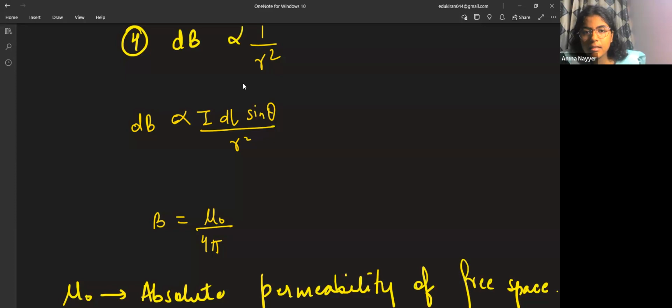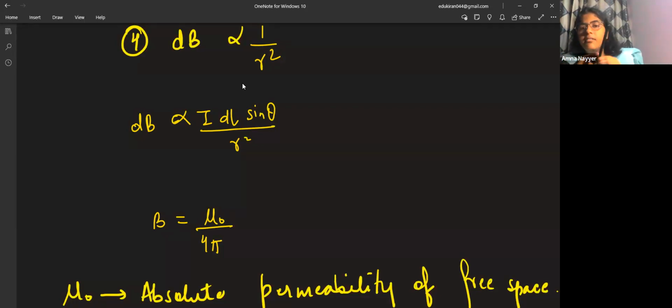Yes, ma'am. Sine theta is the angle between the current element we take, dL, and the position vector R. Suppose this is the wire, and I have taken a point here. There will be a separation from here, and this angle that is subtended is what we take as theta. Position vector is the separation from the point.